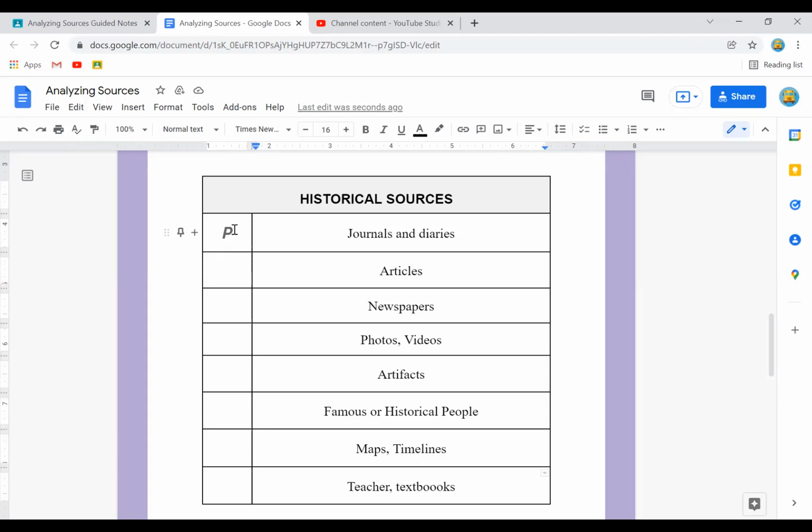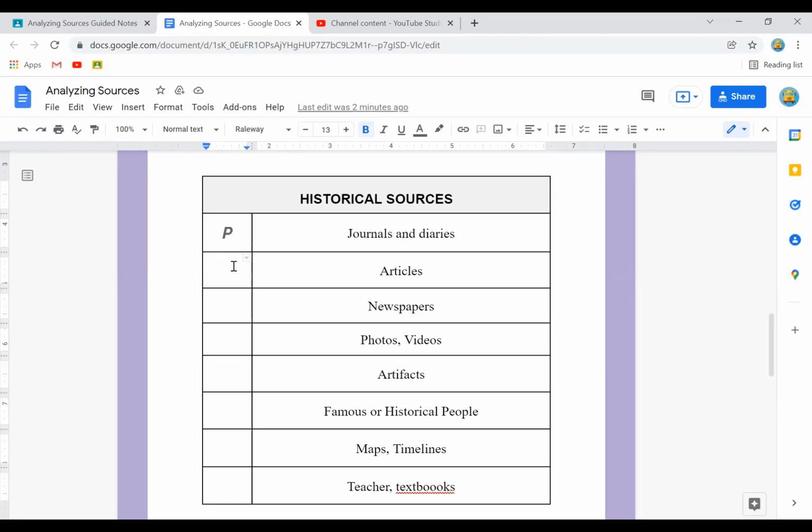I was your guys' age when 9/11 happened. So if I wrote a journal entry or a diary entry about what happened on 9/11 for me on that day, you would look at that as a source. That's a primary source because I was there.